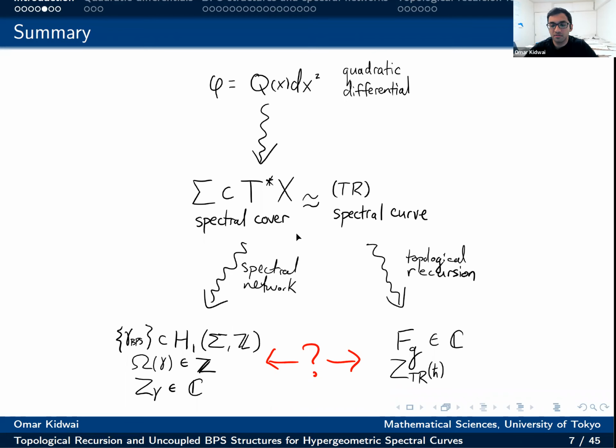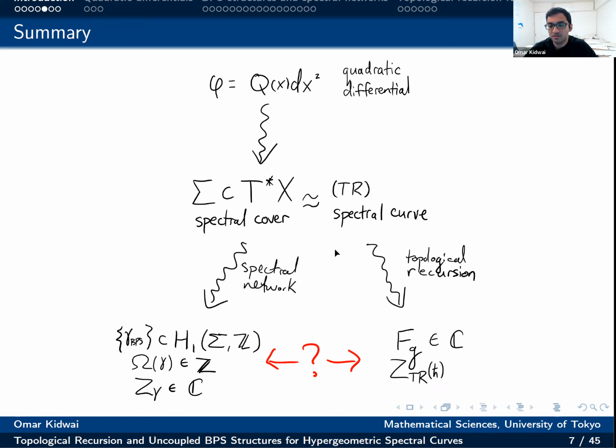And then there are two different paths I can take. I can do this whole Gaiotto-Moore-Neitzke spectral network machinery, where I draw some graphs and foliations, and then I count various degenerations, and I get a bunch of numbers, a bunch of homology classes, a bunch of stuff. But then I can also do something totally different.